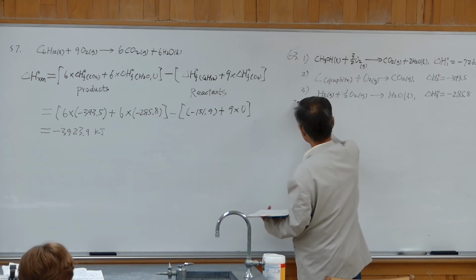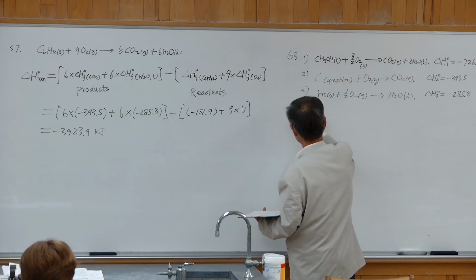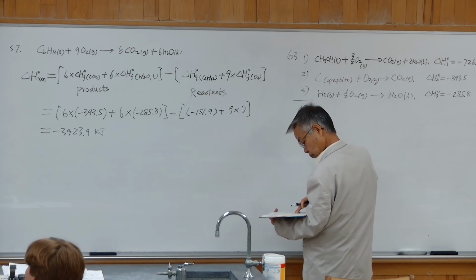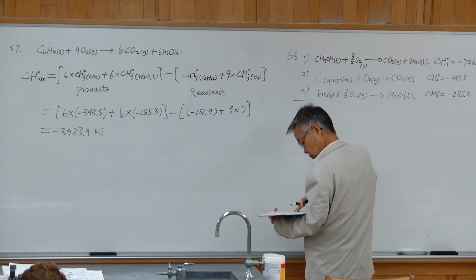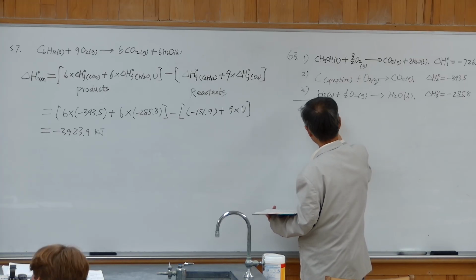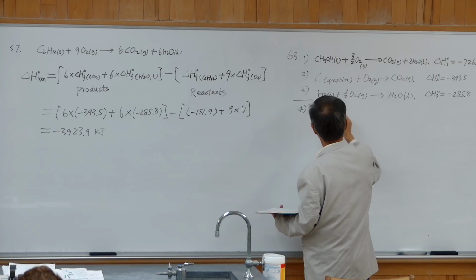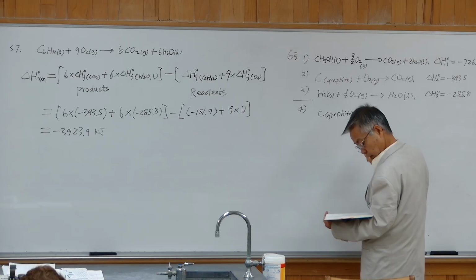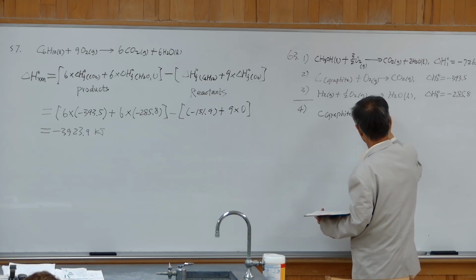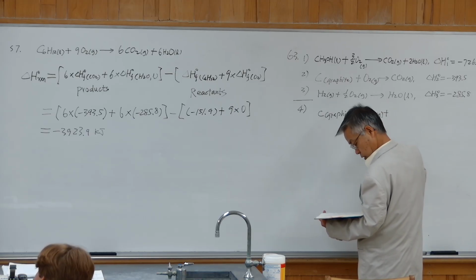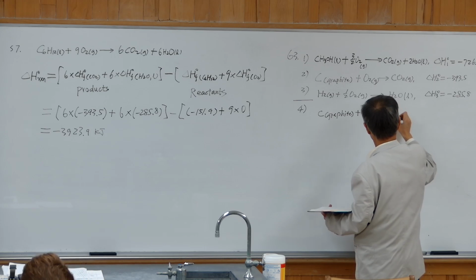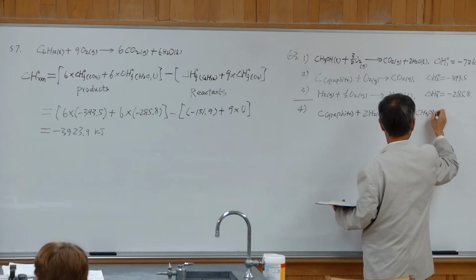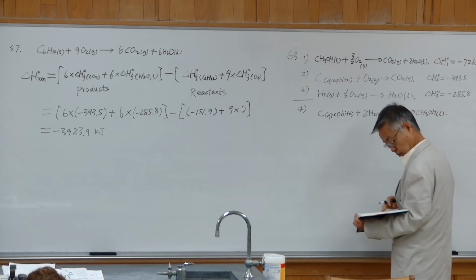So use these three reactions' enthalpy changes to calculate reaction 4's enthalpy change, which is carbon reacting with hydrogen gas and oxygen gas to produce CH3OH.